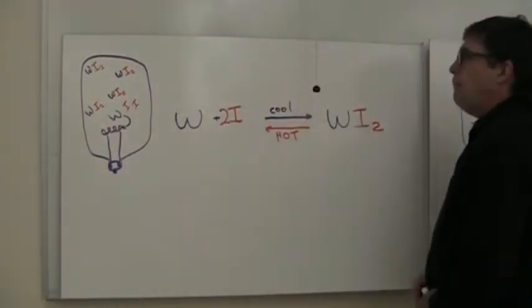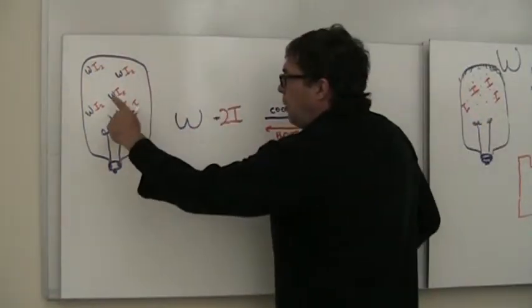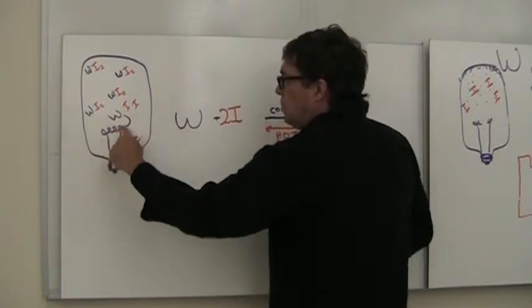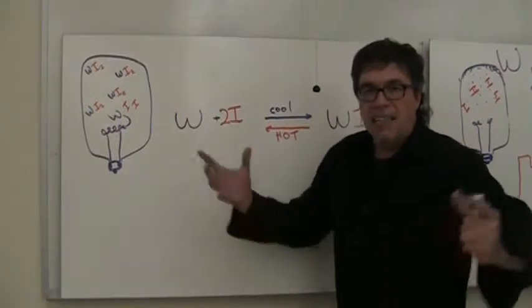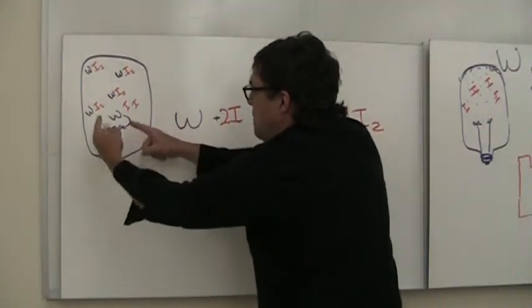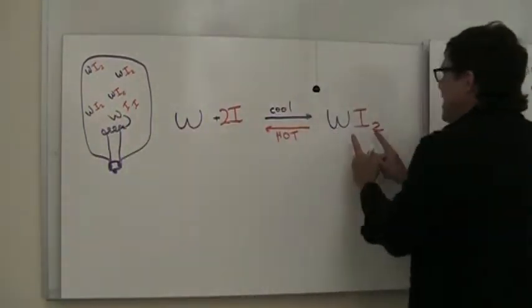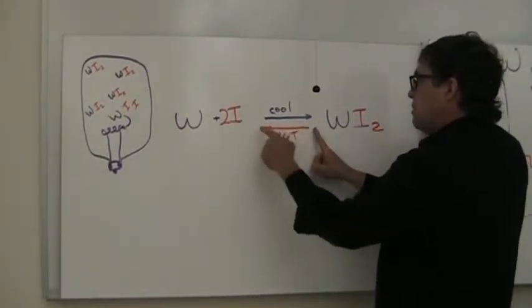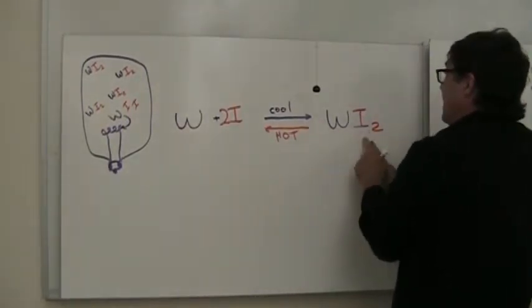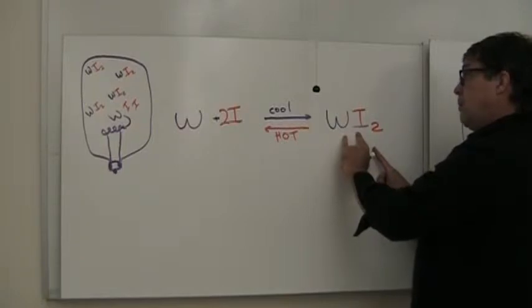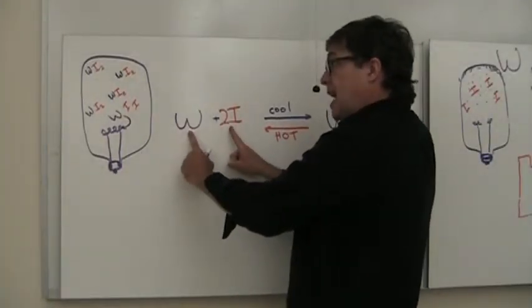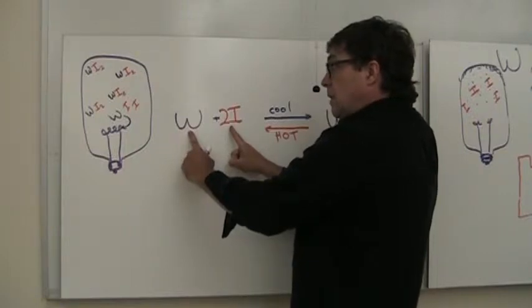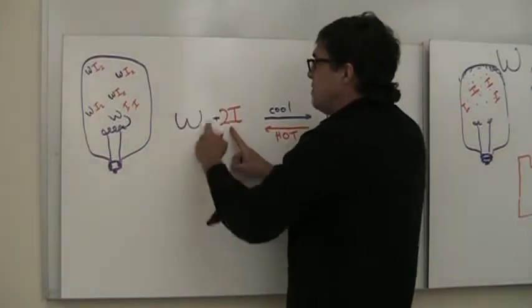But guess what happens when these particles get down here close to the filament where it's hot? Right here where it's hot, electricity is going through this, making light. This is what happens. See the reaction that's shown in red? It's hot. This chemical changes back into these chemicals, and so guess what happens to this tungsten?